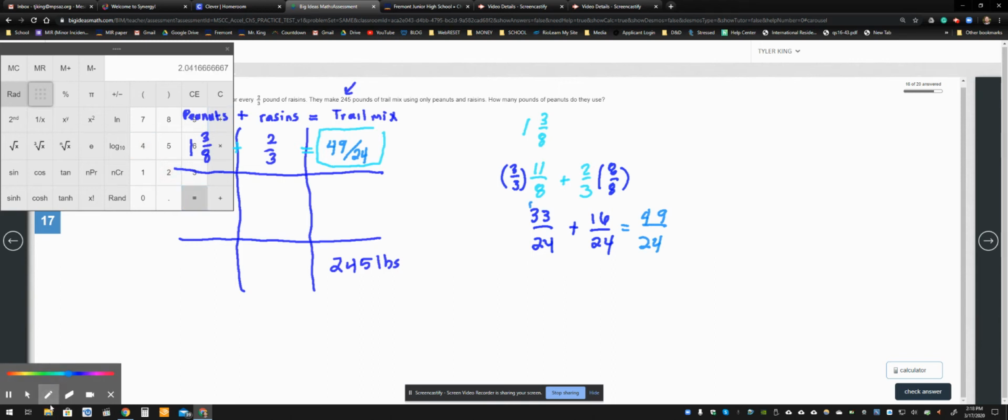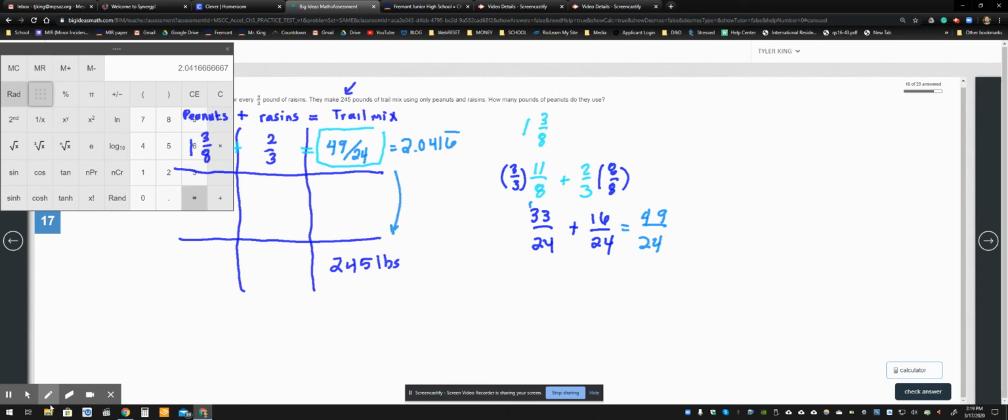Okay, I was hoping I made some mistake. That's going to be equal to 2.0416 repeating.